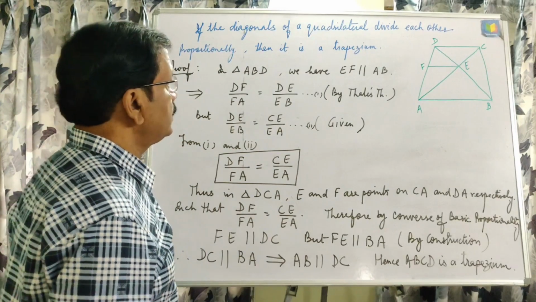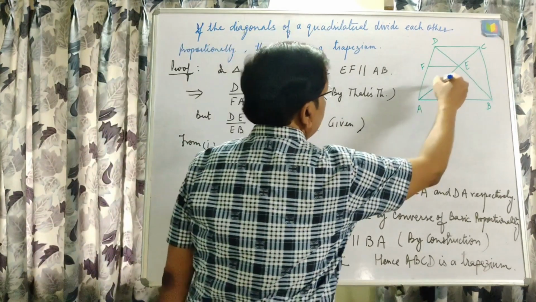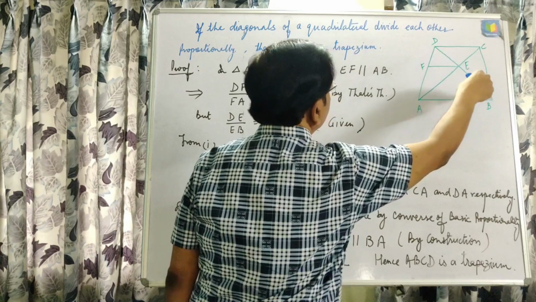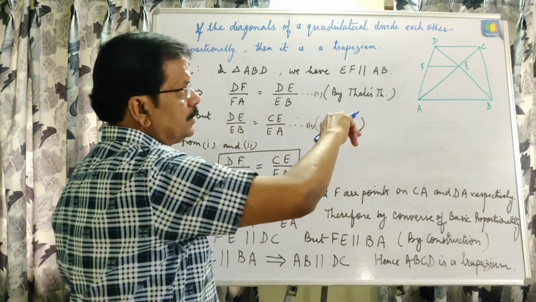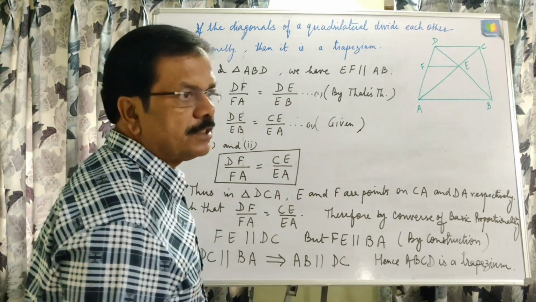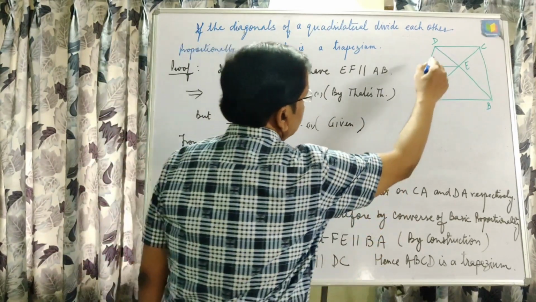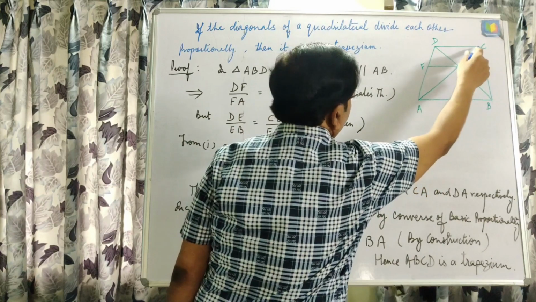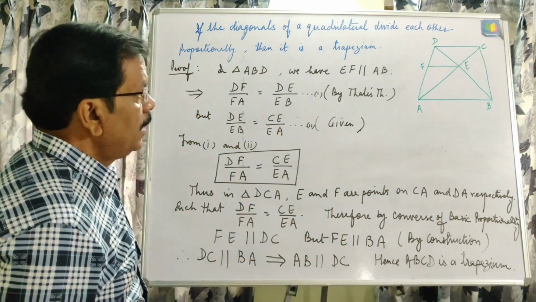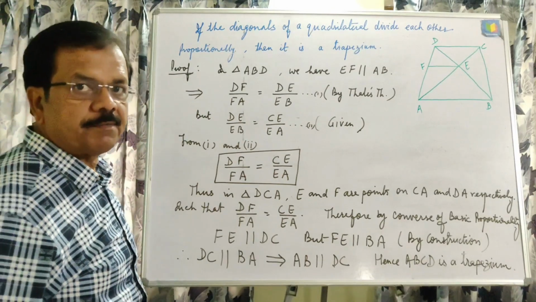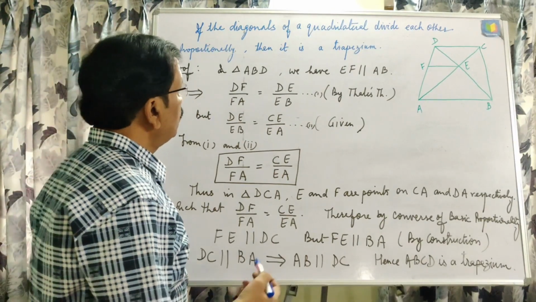For this we will join the diagonals of this quadrilateral, but this is given that diagonals of this quadrilateral divide each other proportionally, means DE upon EB is equal to CE upon EA. This is given. But this is not given that this is trapezium. This we have to show.